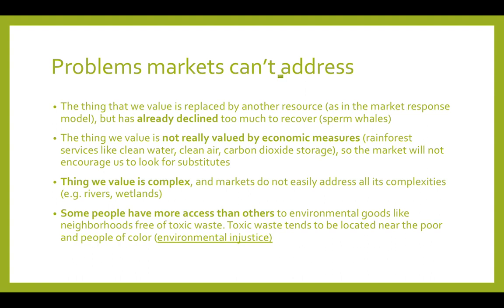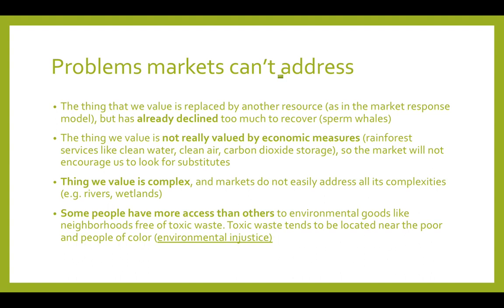Another way the markets sometimes don't do well at solving environmental problems is if the thing that we value is really complex. So similarly to the rainforest, if we're talking about the things that rivers do for us, carrying water, being a place where fish can live, being a place where we can boat and enjoy ourselves, being a place where we can simply relax next to on a nice summer day.